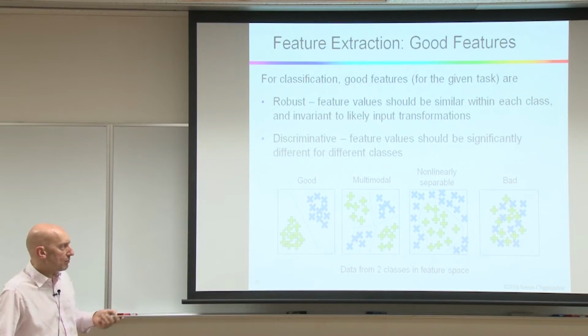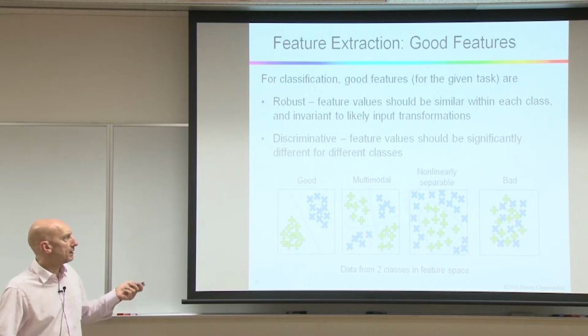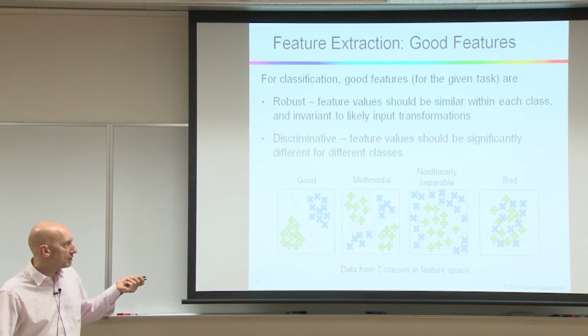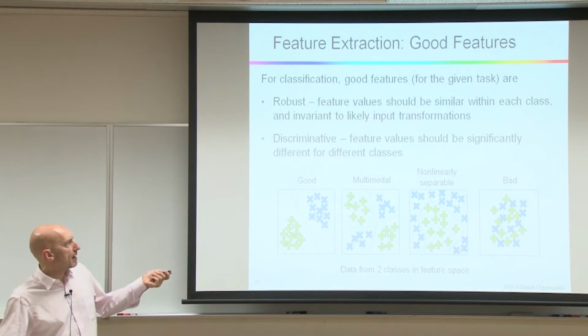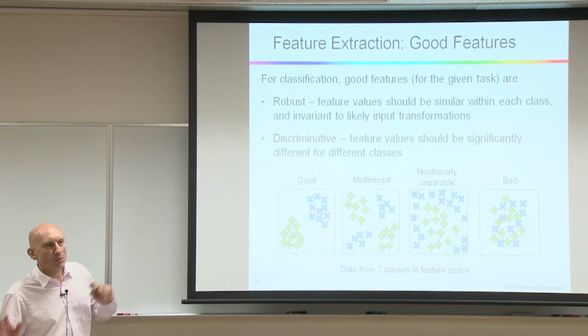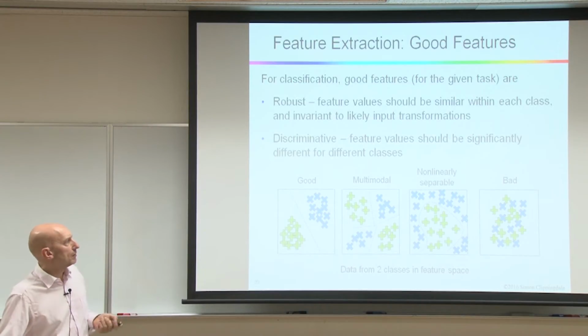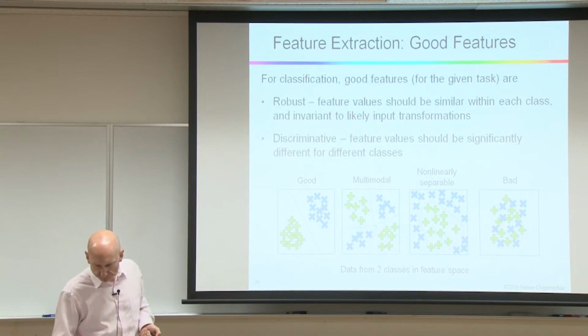So that's not quite so simple. Ideally, we would like to use features which make the task of doing this discrimination easier. But you may have to do something like this. And this is bad, where they're all mixed up together and you really can't say anything about the input just from where it lands in this feature space.